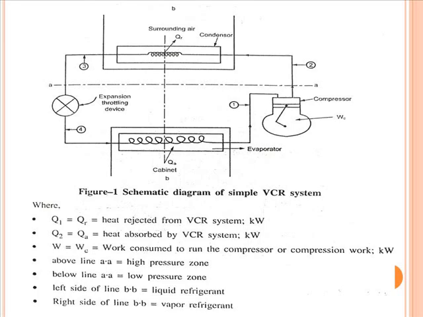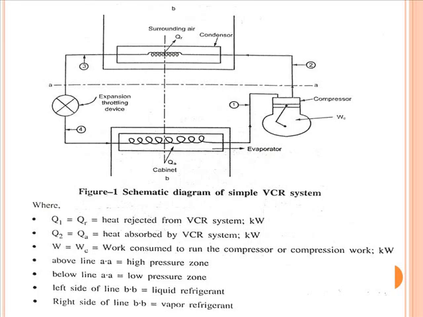Why am I saying that it is a low pressure, low temperature refrigerant in vapor state? Because the compressor can handle only compressible fluid. If there is a wet vapor or if there is a liquid, in that case the compressor cannot handle it, and hence at state 1 low pressure, low temperature refrigerant in vapor state is available that will enter into the compressor.